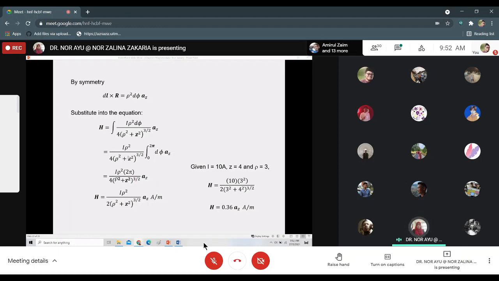Okay, and then kamu solvekan dia. So if you look here, the one that you need to integrate is just dV. So take out everything out and then just integrate dv sahaja.